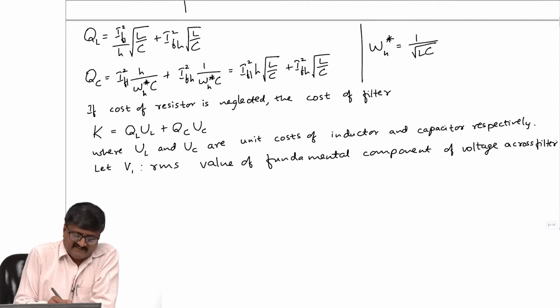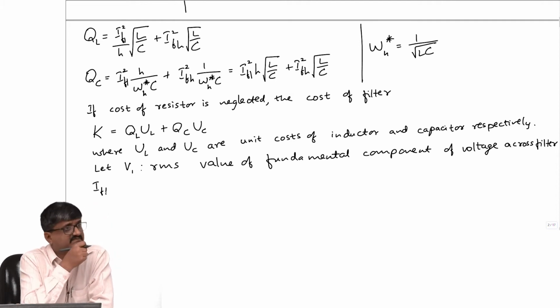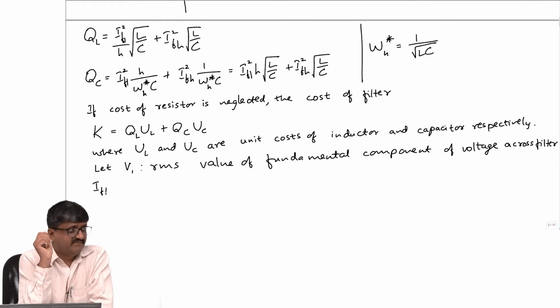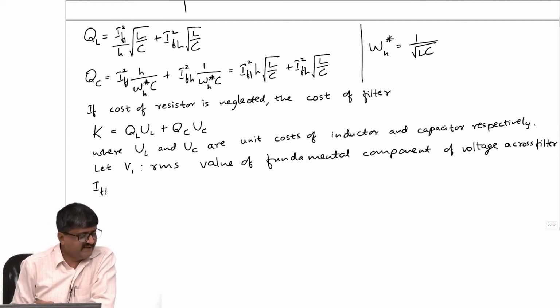Then can I get an expression for IF1? Did I define IF1 in the last class? IF1 is the RMS value of the fundamental component of the current through the filter. So can I get an expression for IF1 in terms of V1?